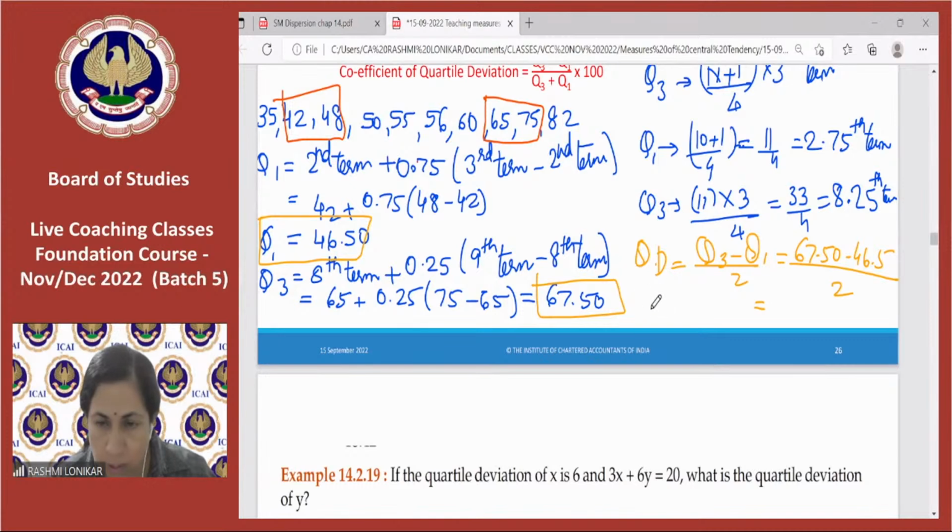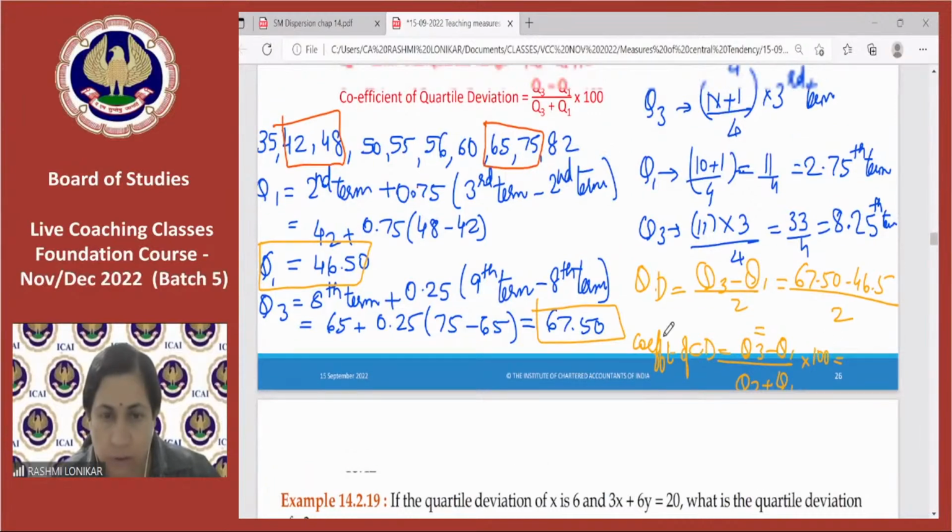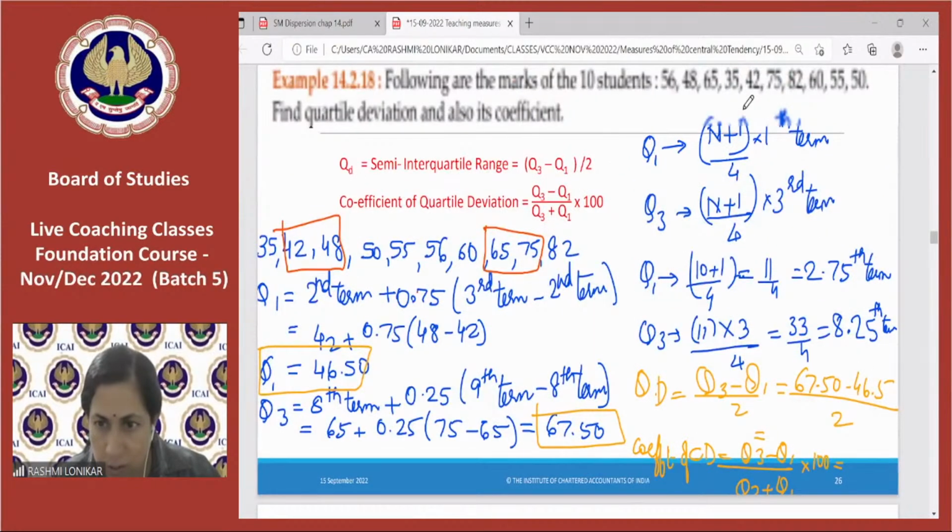And what will be the coefficient of quartile deviation? It will be Q3 minus Q1 upon Q3 plus Q1, into 100. Okay, so can I find the quartile deviation?